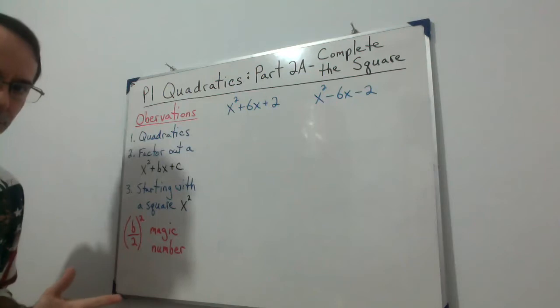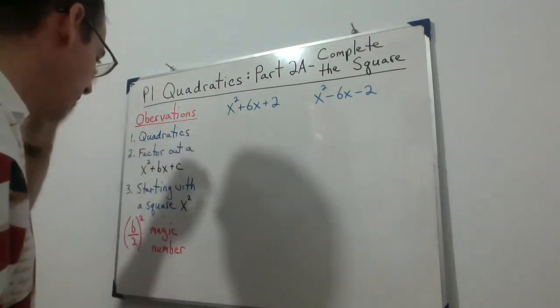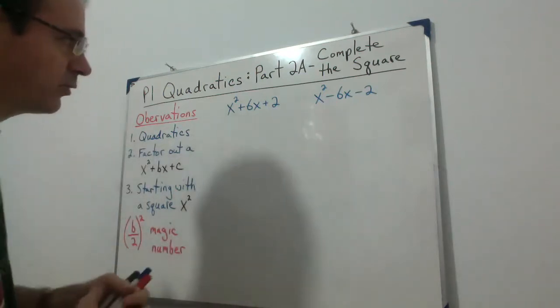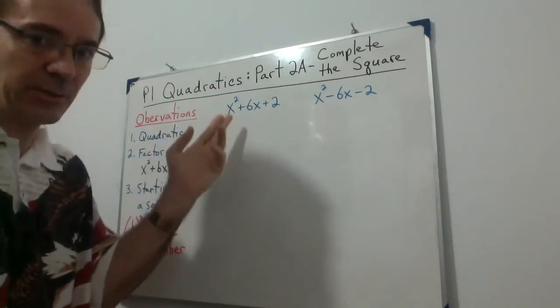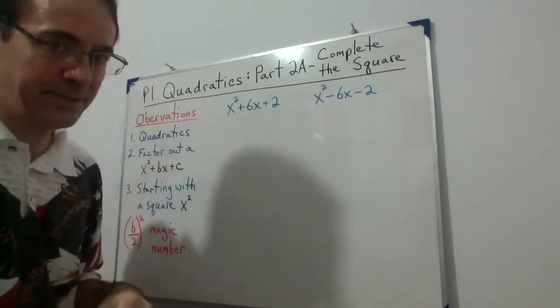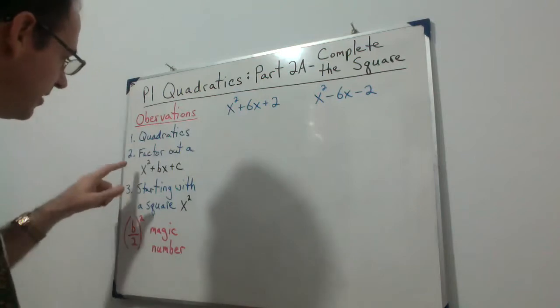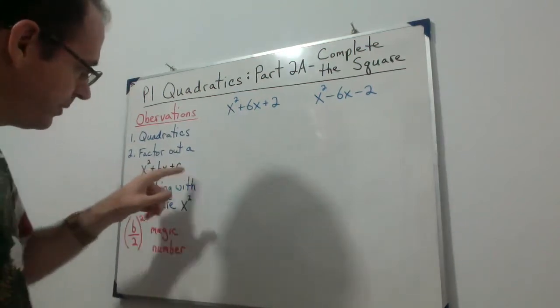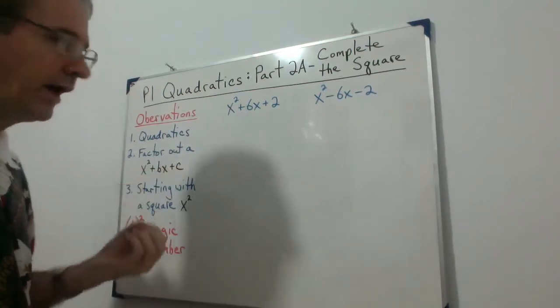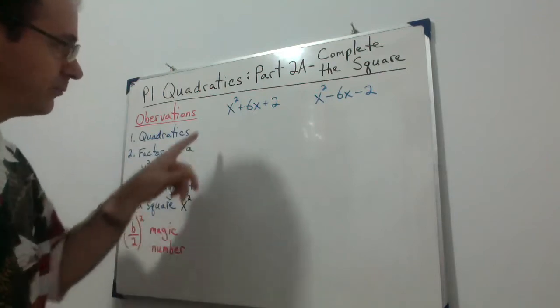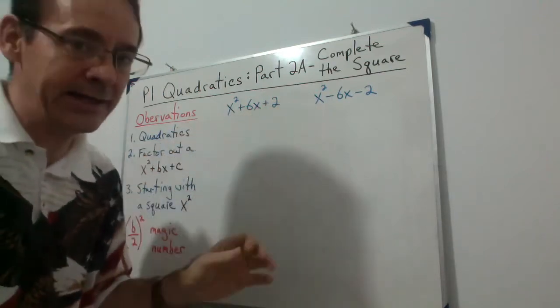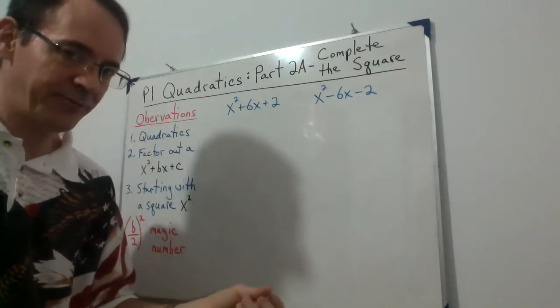Observation number two, even though the general formula for a quadratic is ax squared plus bx plus c, usually there's an ax squared plus bx plus c. We want to get rid of that a term. We want there to be a 1 as a coefficient.